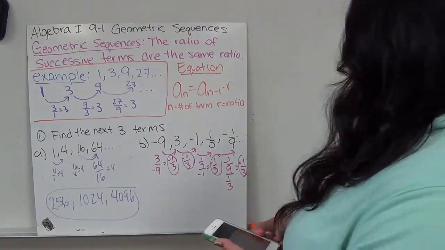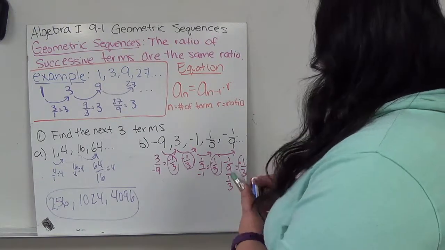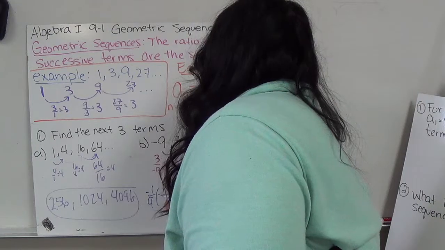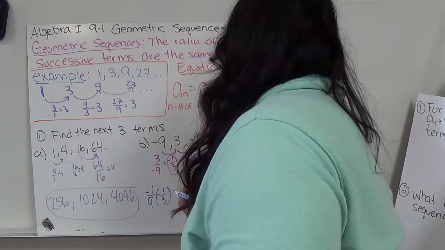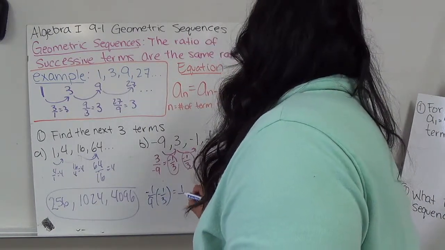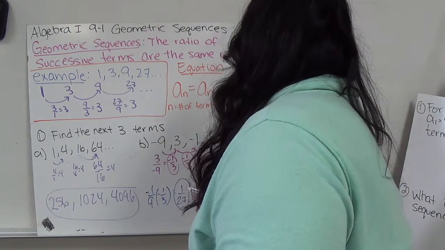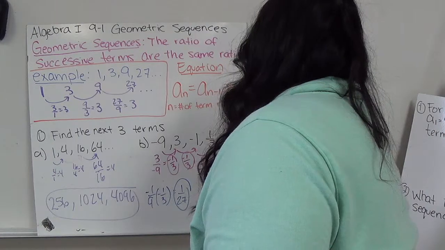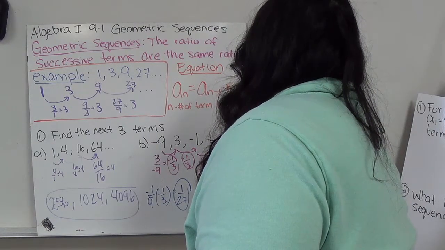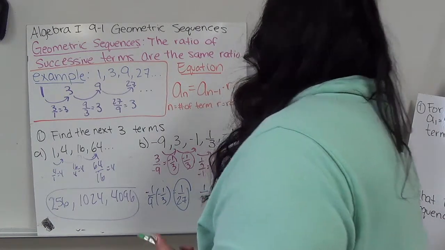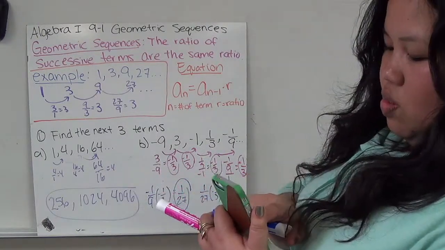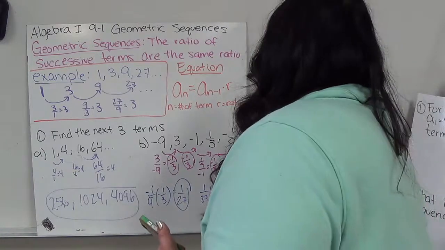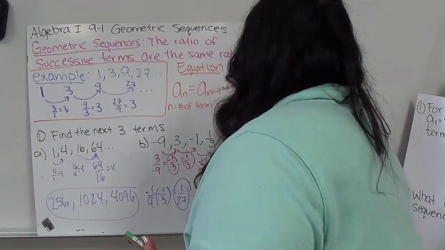So the first one, negative 1/9, I have to multiply by negative 1/3. This gives me positive 1 over 27. That's my first one. Then I do 1 over 27 times, again, negative 1/3. This gives me negative 1 over 27 times 3, negative 1 over 81.